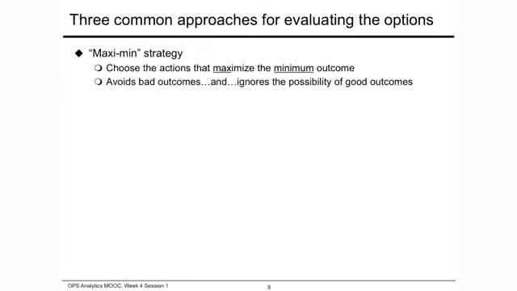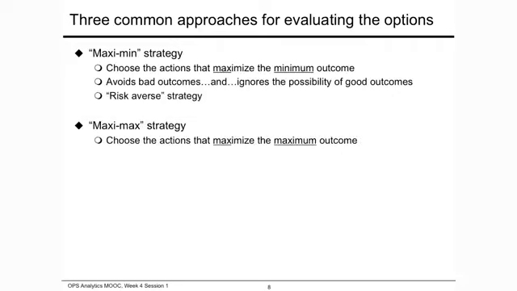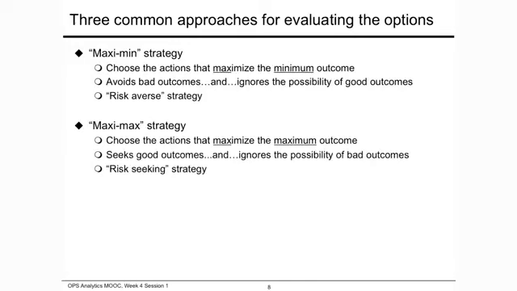It avoids bad outcomes, but notice it doesn't say anything about good outcomes. It ignores the possibility of good outcomes. At the other end of the spectrum, there are maxi-max strategies. Those are actions that maximize the maximum outcome. They seek good outcomes, but again, they completely ignore bad outcomes. So those are risk-seeking or gain-seeking strategies.